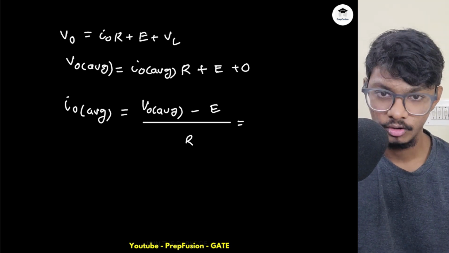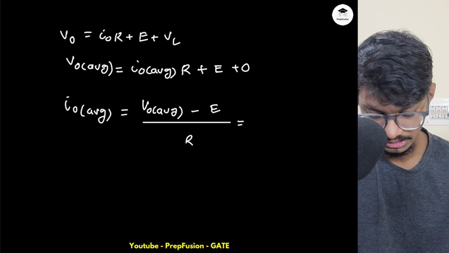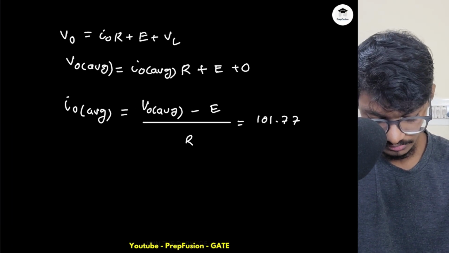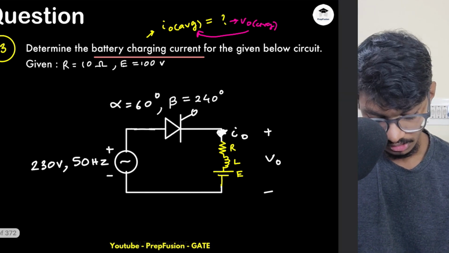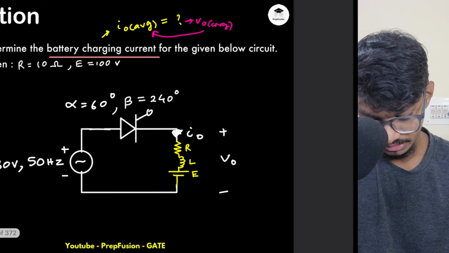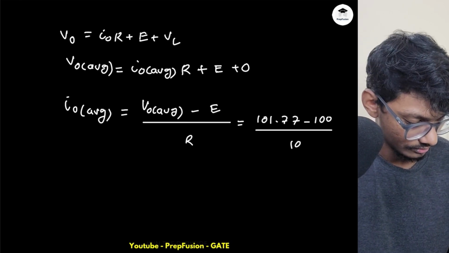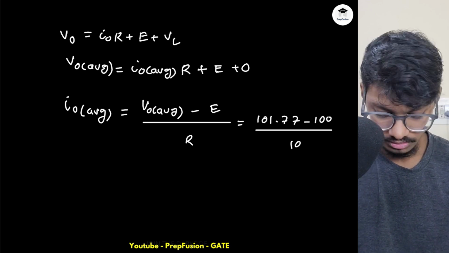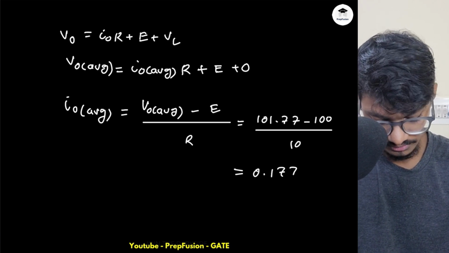So what is VO average? VO average is basically 101.77 and E is 100. So the charging current will be very low. E is 100, and divide by R. R is 10. So if I subtract 100 from it and then divide by 10, the current value is very, very small. This is 0.177 amperes.